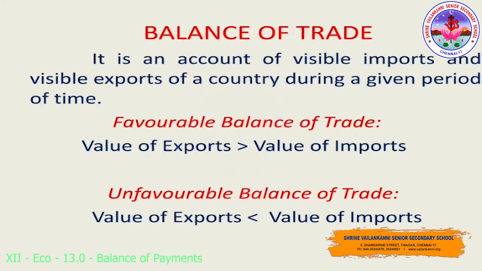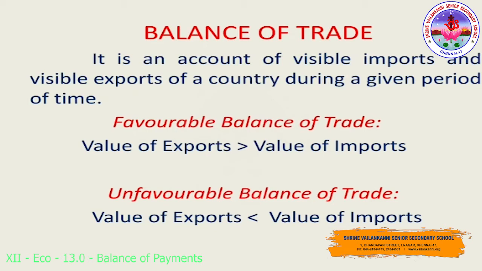Now, balance of trade. It is an account of visible imports and visible exports of a country during a given period of time. So, balance of trade equals export of goods minus import of goods.